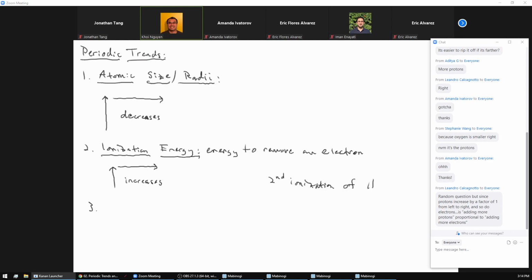So second ionization energy of sodium. Sodium had one electron. If we rip off that one electron, big whoop, it was an s orbital, and it was only half filled. And then the second ionization energy is now a noble gas electron, noble gas configuration. And you're talking about ripping off that electron versus the magnesium.